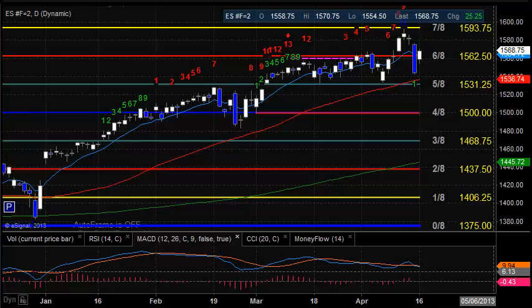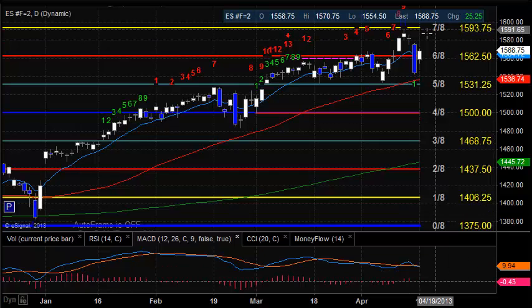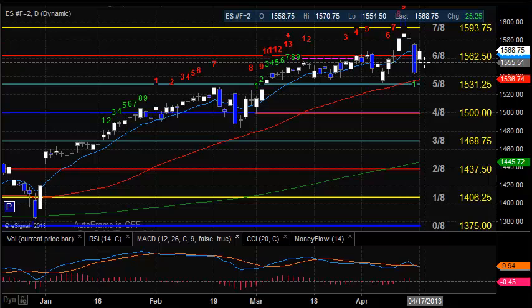Here's a look at the ES futures, and you can see that we have the large range expansion candle to the downside here. And today's candle was essentially just a little inside day measuring off that downside activity. The one positive for the bulls here is that we definitely closed above the midpoint of the previous down candle.